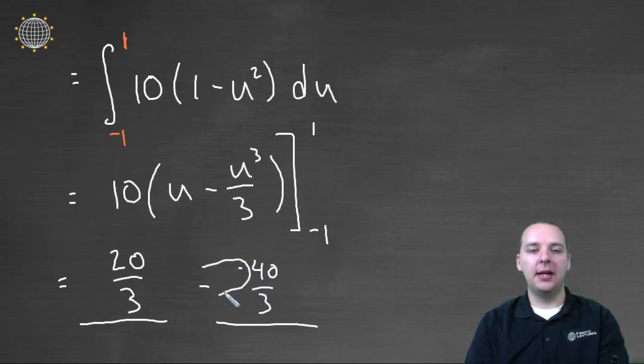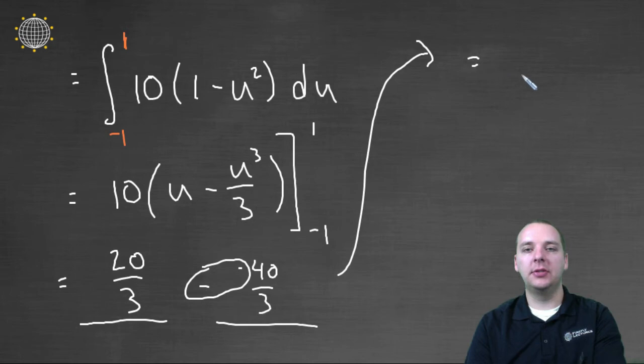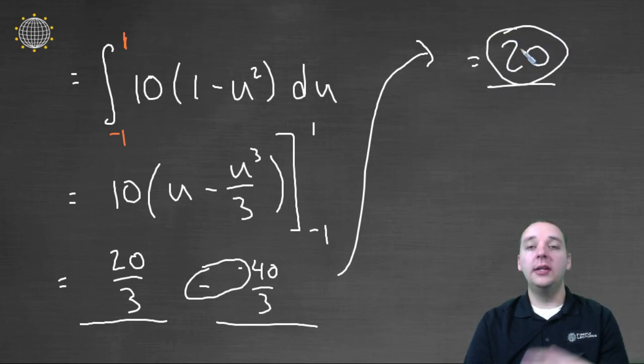But then this is a minus a negative, which actually turns that into a plus. And so 20/3 plus 40/3 would make 60/3. And what is 60/3? Well, 60/3 would be 20, right? So 20.